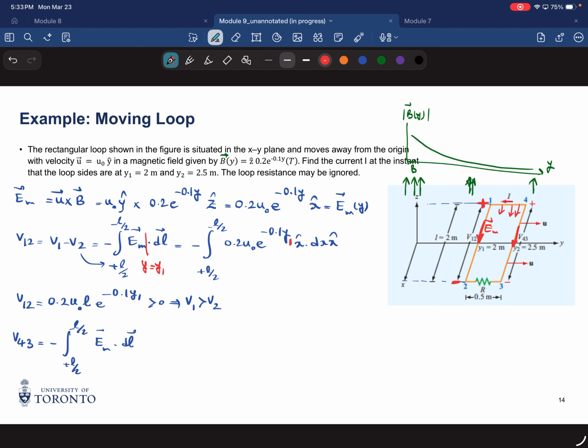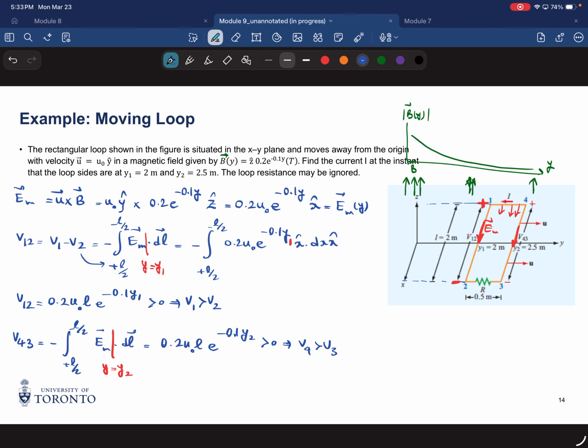This time, though, the EM is going to be calculated at y equal to y2, which is going to be 0.2 u naught L minus 0.1 y2. This is also a positive number, so V4 is more than V3, and the polarization of VM along the side of V4 and V3 is correct.